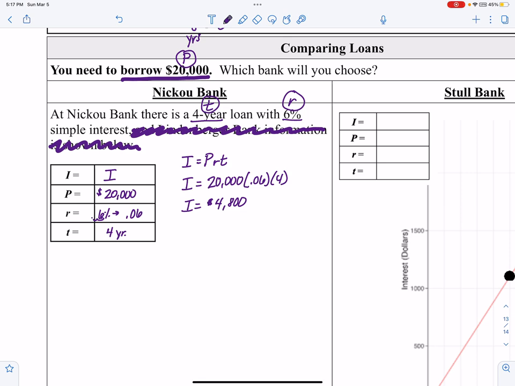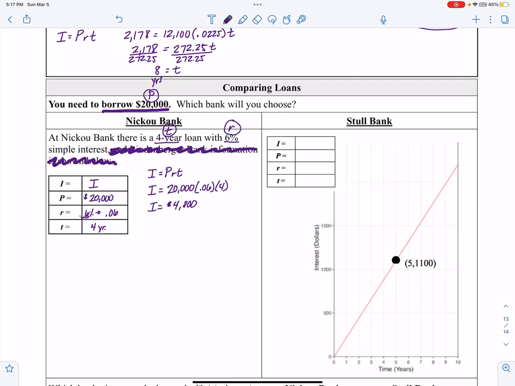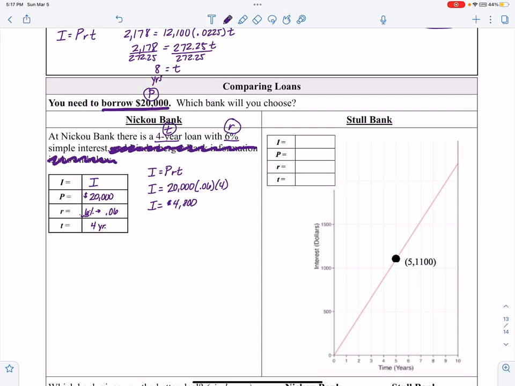Okay, and this is our amount of interest that we earn, which is really good for a 4-year loan. That's great. Now let's go ahead and see if we invested our money into the Stahl Bank, how that would work. So analyzing this graph here, the y-axis is the interest in dollars, okay? And so if this is the interest in dollars, that means that's our I. And so let's go ahead and look at our ordered pair here. This isn't a 5,000 messed up number.